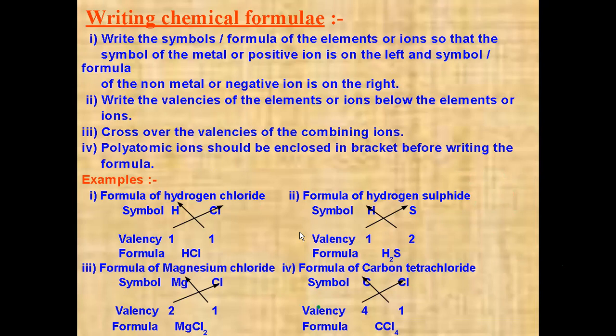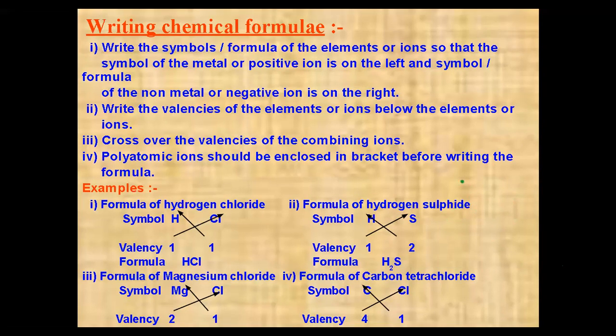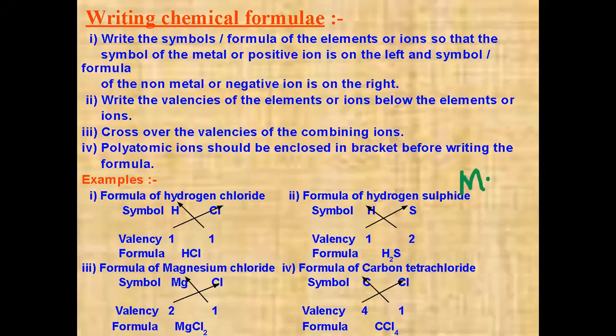Now let's see magnesium chloride also. What is the symbol of magnesium? Element symbol Mg, right? And next, chloride is Cl. Magnesium's valency is 2. Cl's is 1. What is the next step? Crisscross.